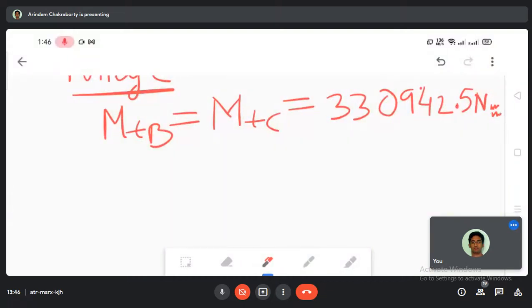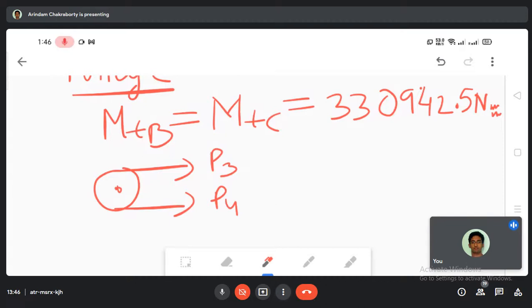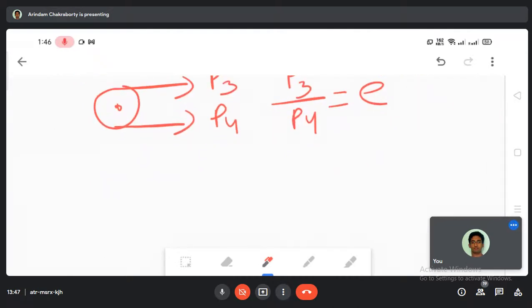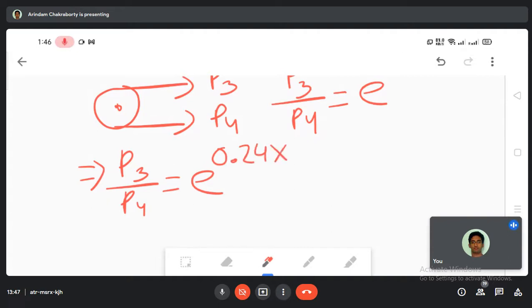So since we are in pulley C, we know that pulley C is having a load of P3 and it is also given at P4. Since for both of the pulleys we have considered the wrap angle to be 180, I could write a formula blindly, that is P3 by P4 is equals to e to the power mu theta. What we know is that P3 by P4 is equals to e to the power 0.24 into theta, which is pi.